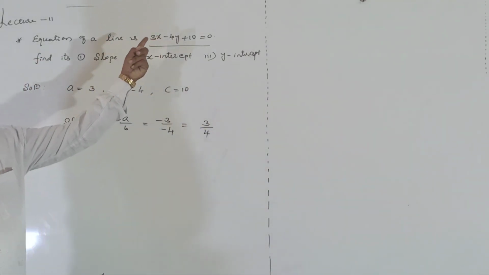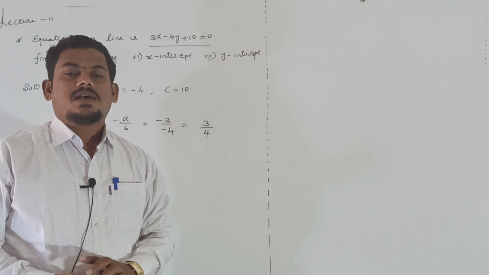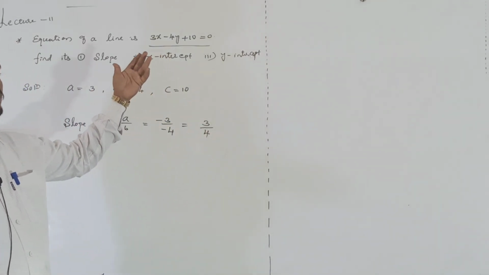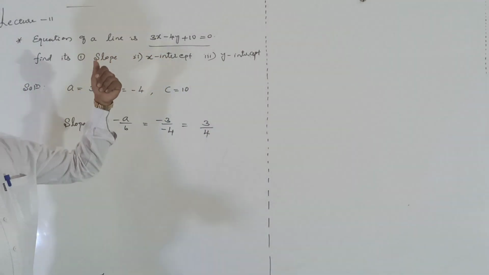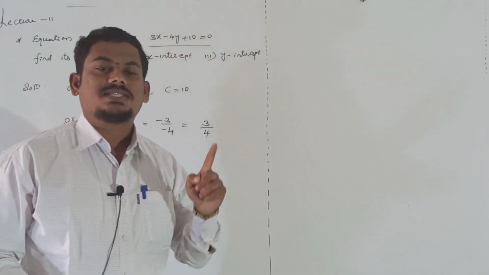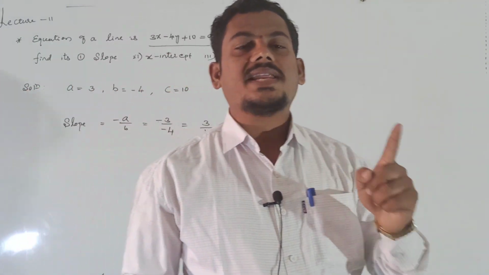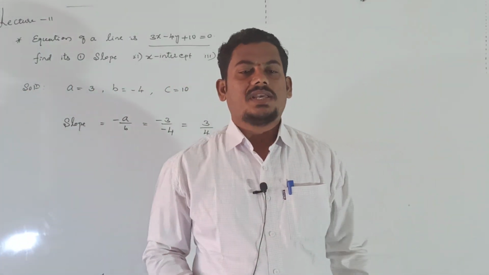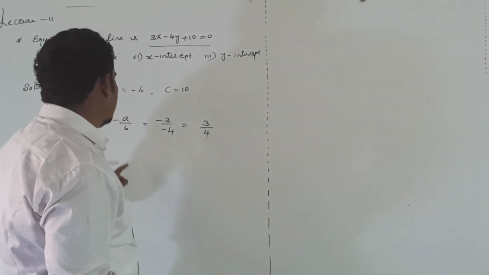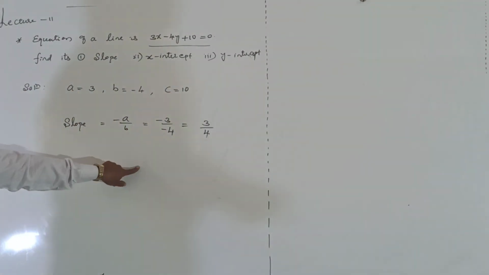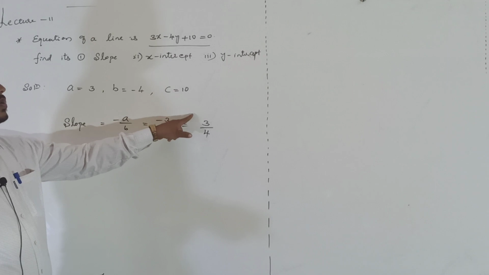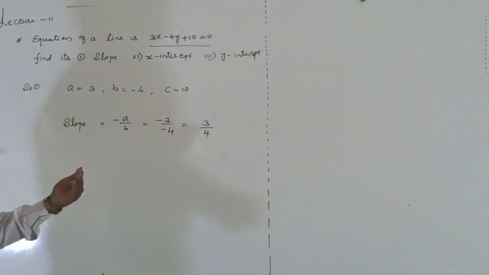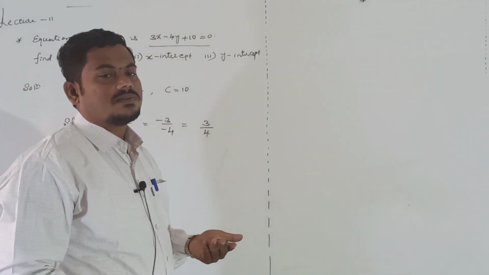Slope of this line is 3 divided by 4, because we already have the standard formula: slope of the line ax plus by plus c equal to 0 is minus a by b.